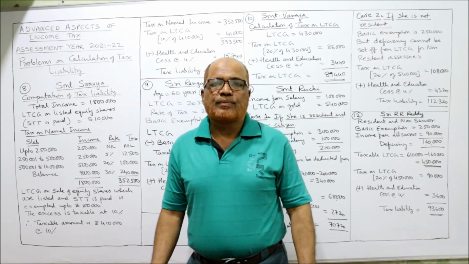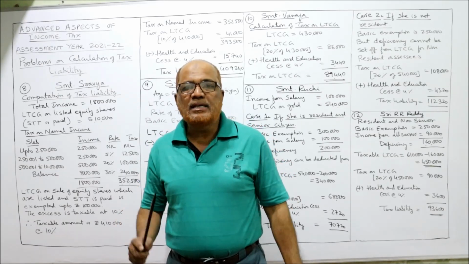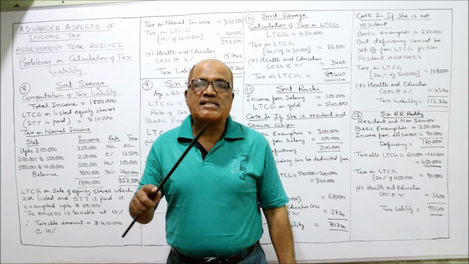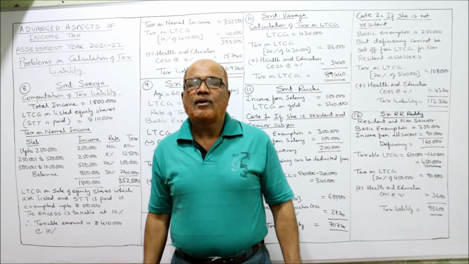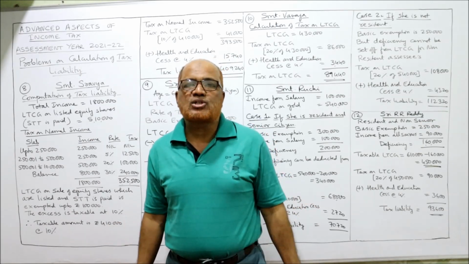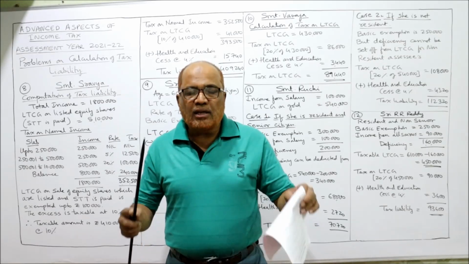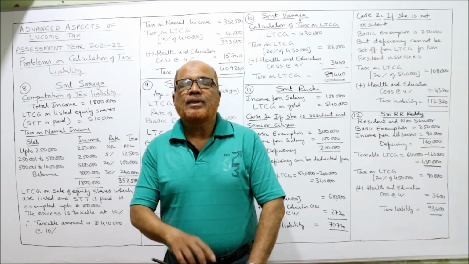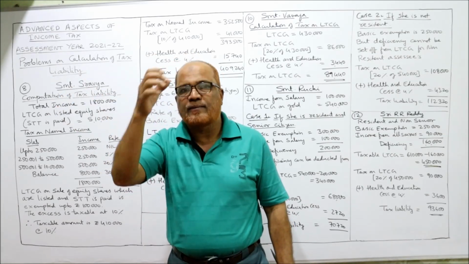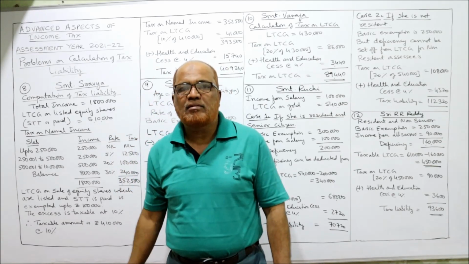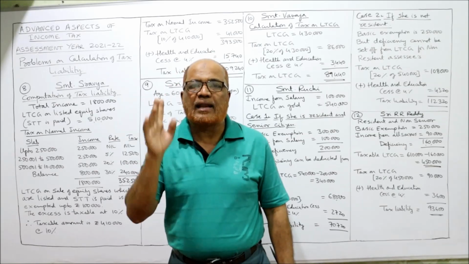Whereas LTCG on sale of listed equity shares where STT is already paid: whenever shares are listed on a stock exchange and transferred, STT will be paid. The provision under the Income Tax Act is, if an assessee sold equity shares on a listed stock exchange and STT is paid, long-term capital gain is exempted up to rupees 1 lakh.